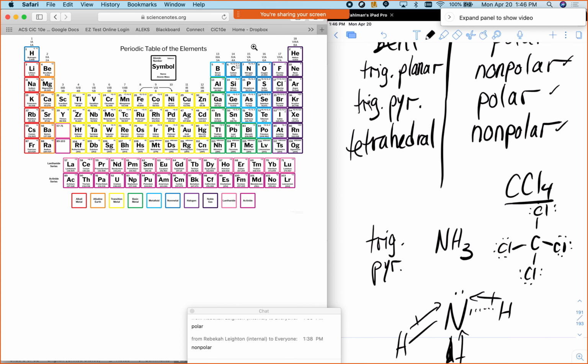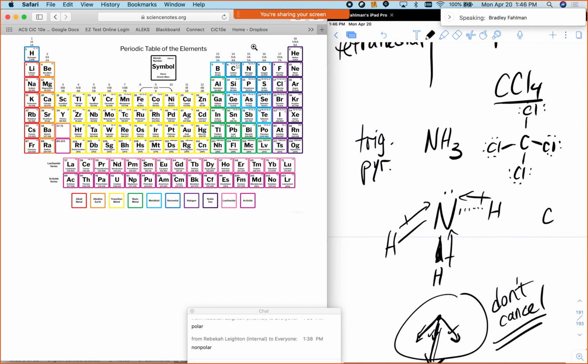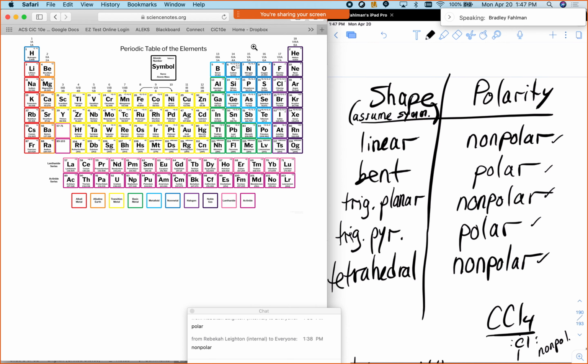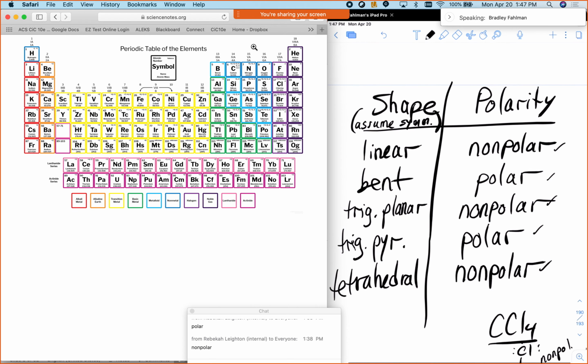So that would be tetrahedral, but as soon as you change that molecule to this, or anything else, now you go from nonpolar to polar, because they no longer cancel anymore. So any questions so far?